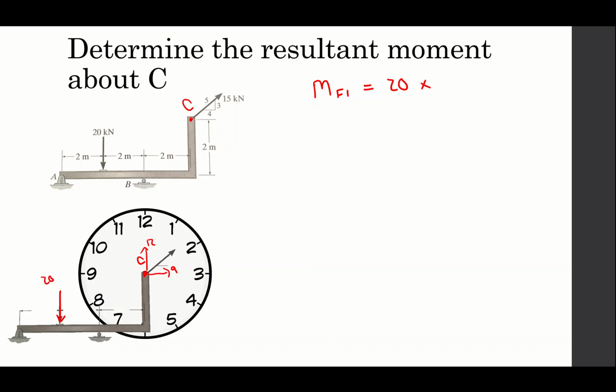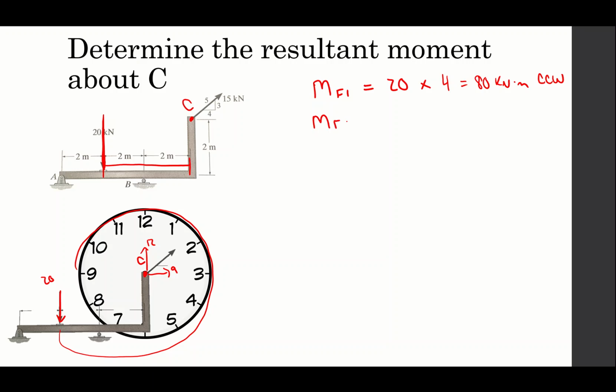And what would my distance from C? This force is in the y direction, so I need an x distance. What would be that distance? 4. And is it moving clockwise or counterclockwise? About C. Counterclockwise. Okay, so this one, if let go, this is how it would go about the clock.